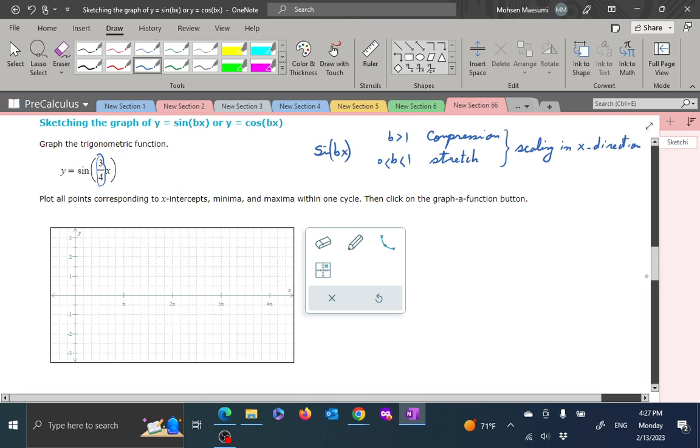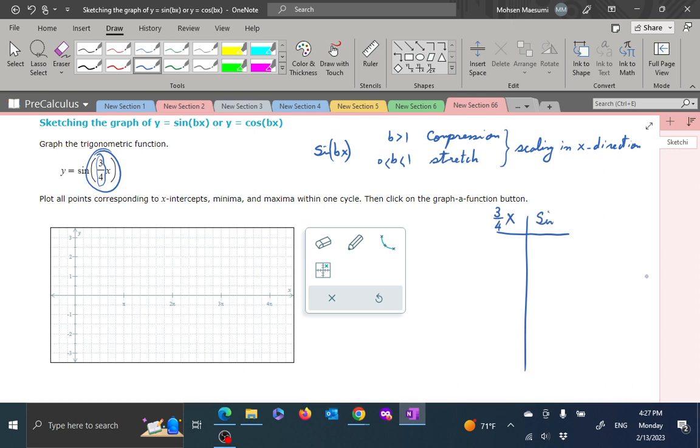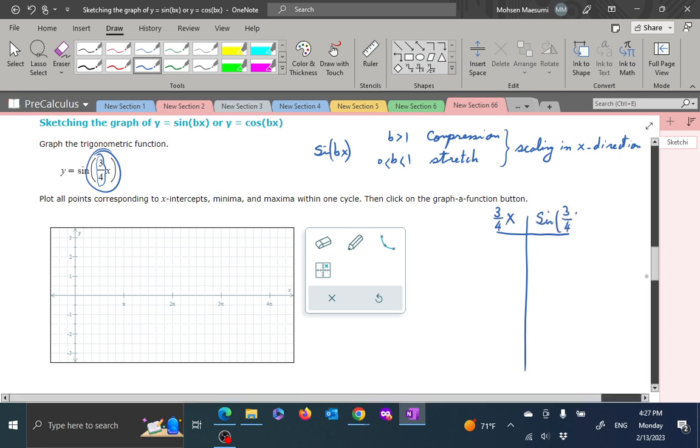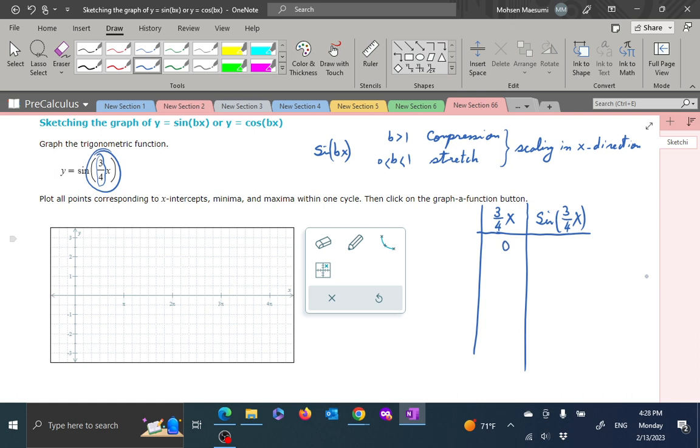Okay, how do we do graphing? Here is very simple. First of all, we write whatever argument is here, which is 3/4 of x, and we want to graph sine of 3/4 of x. We argue like this: whatever the input angle is, if it is one of these 5 angles, then my life is a lot easier.